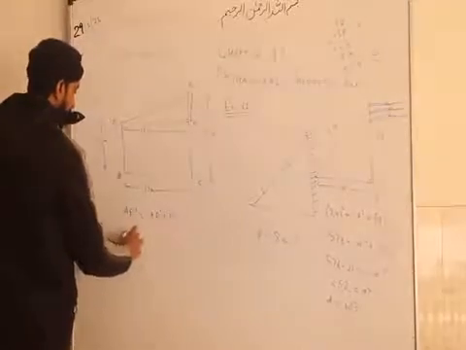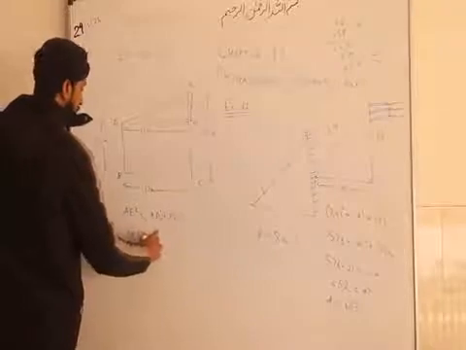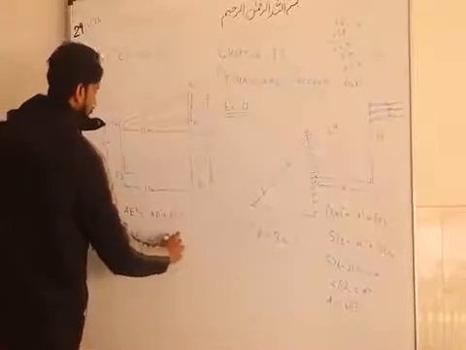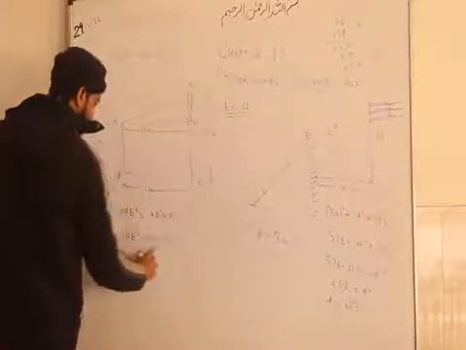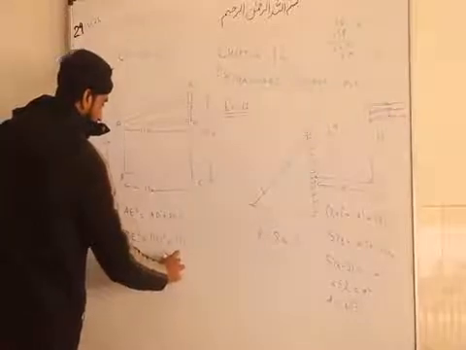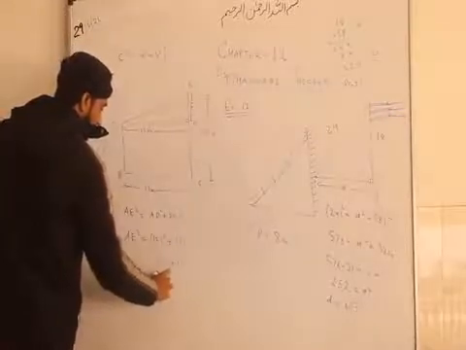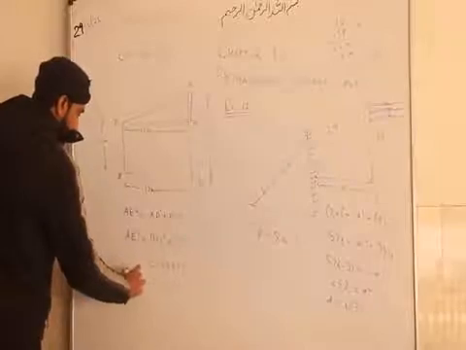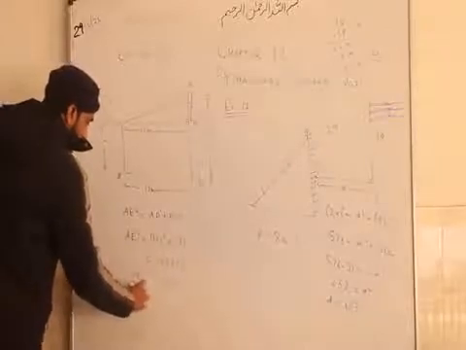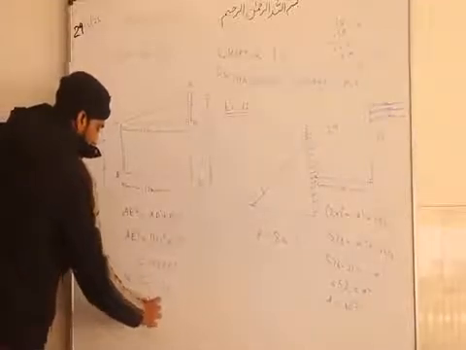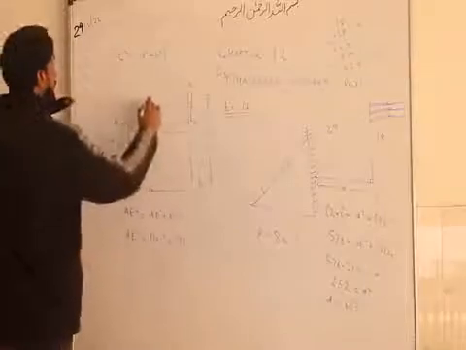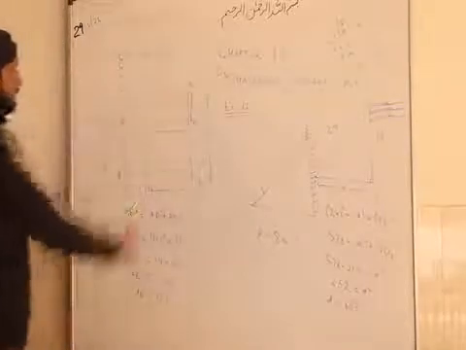Okay, so AE square is equal to AD, 12 square plus 5 square. So 12 square is 144 plus 25. It will be 169. Right? So AE will be 13. So this is the distance between their tops, 13 meters.